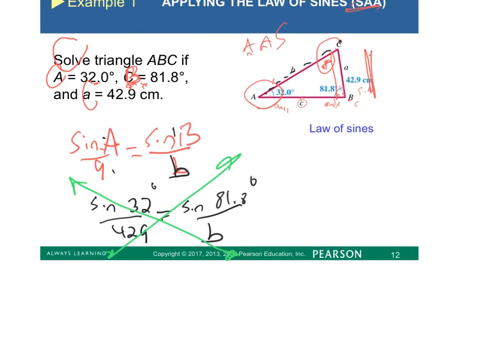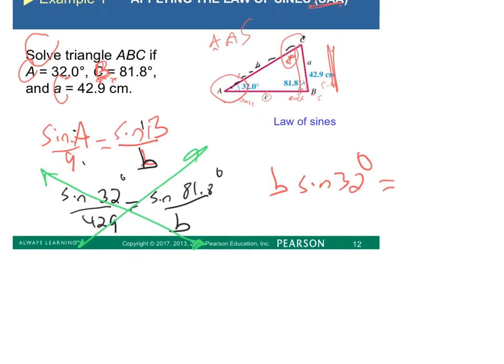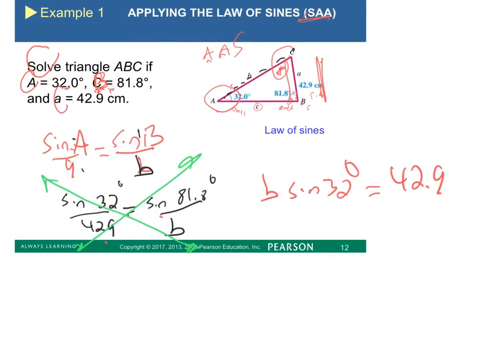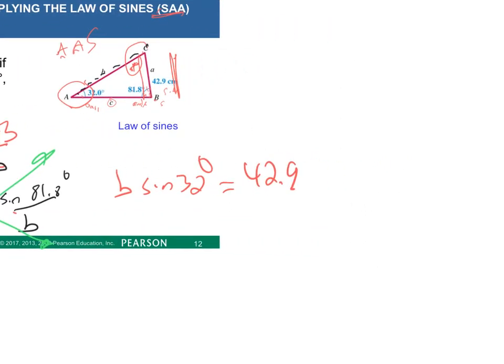Looks like this. B sine of 32 degrees has to be equal to the 42.9 centimeters times sine of 81.8 degrees.